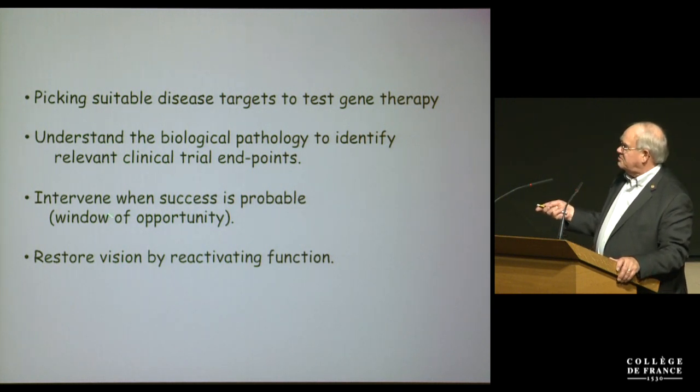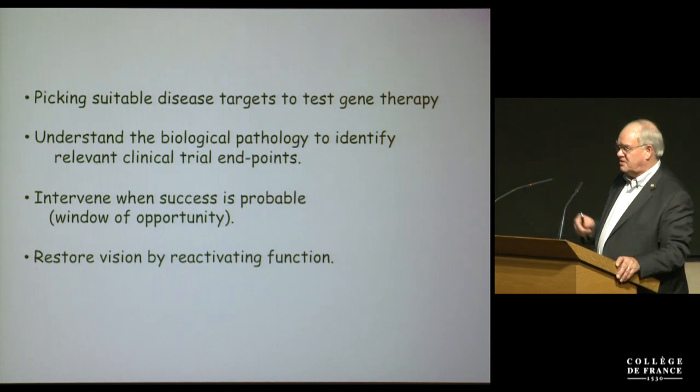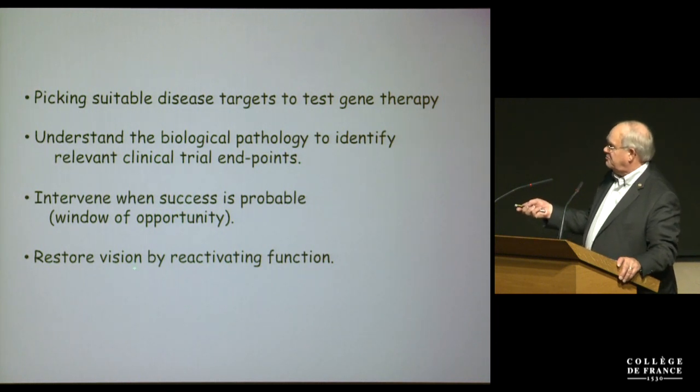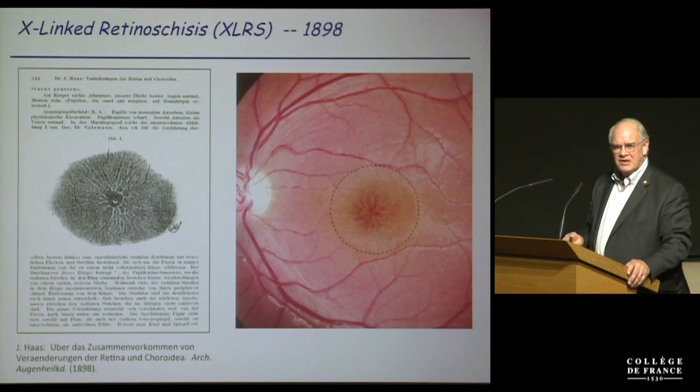One also wants to consider the window of opportunity, the time window of opportunity. That is an idea that has come up several times. And what I'm going to show you in this particular condition is the possibility of restoring vision by reactivating function.